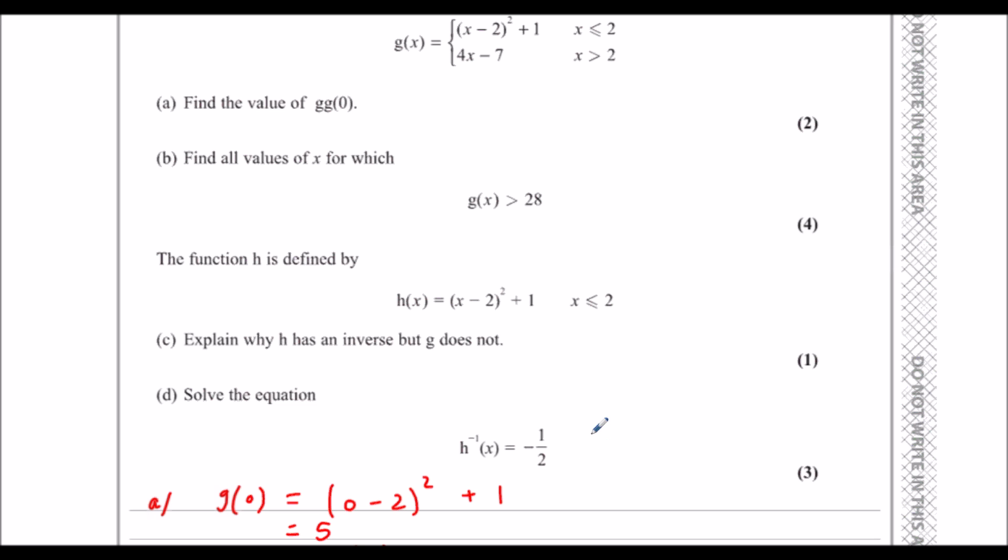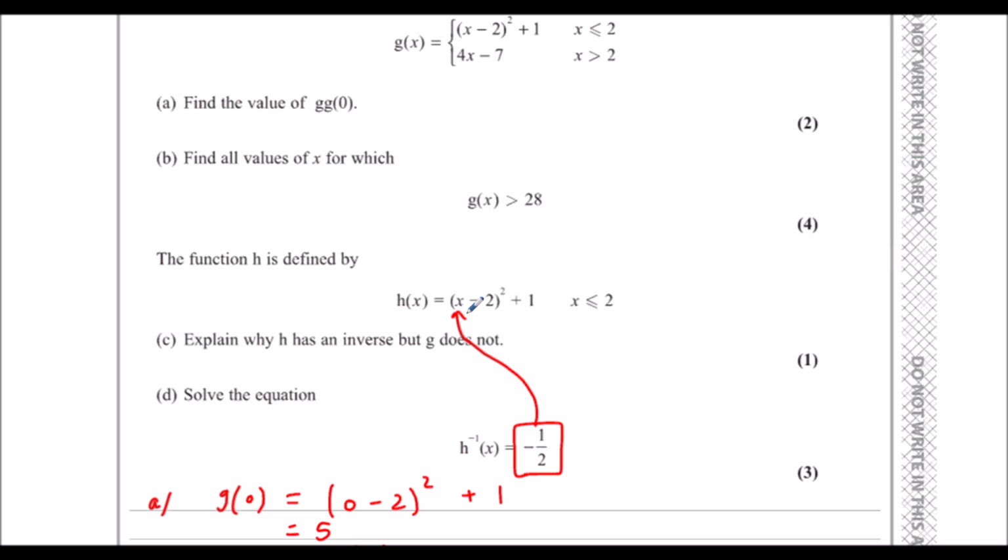So the output of the inverse function is the same as the input for the original function. So what we can do, we can put this into the original function, and that output will be the answer to this question. So let's just substitute this in.